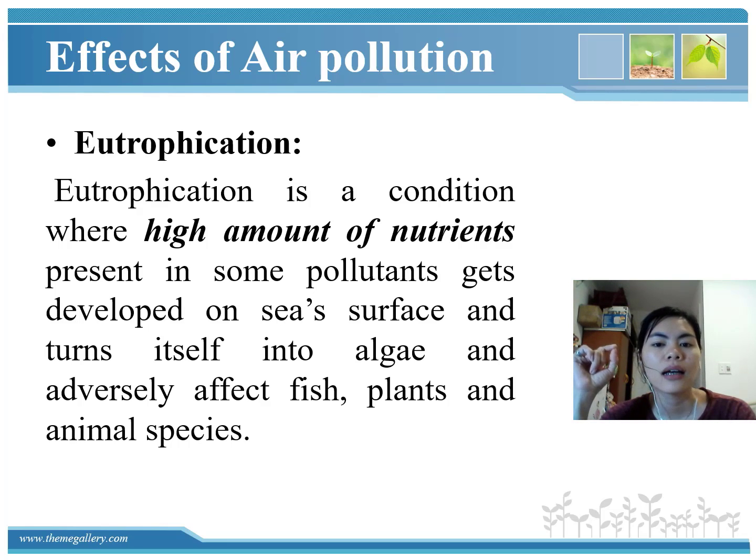Eutrophication is a condition where a high amount of nutrients from some pollutants gets into the sea surface, the ground, the surface, like in lakes, oceans, and rivers, and it turns itself into algae, which can affect the fish and the plants.